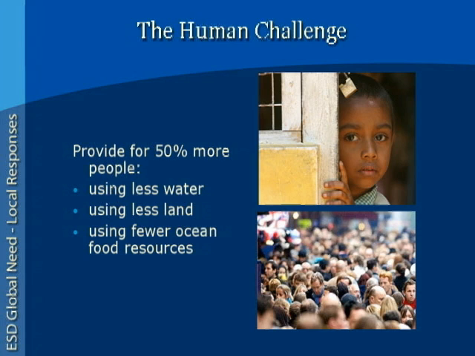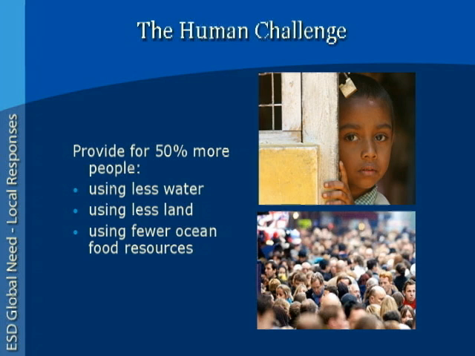Now, so what? So what does this have to do with educators? Well, let's imagine the world that our students are going to be living in. They're going to have to provide for roughly 50% more people, provide reasonably adequately for them as the population moves from the 6 to 9 or 10 billion.